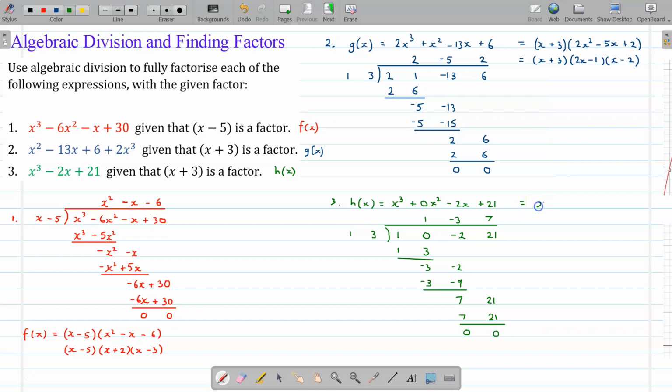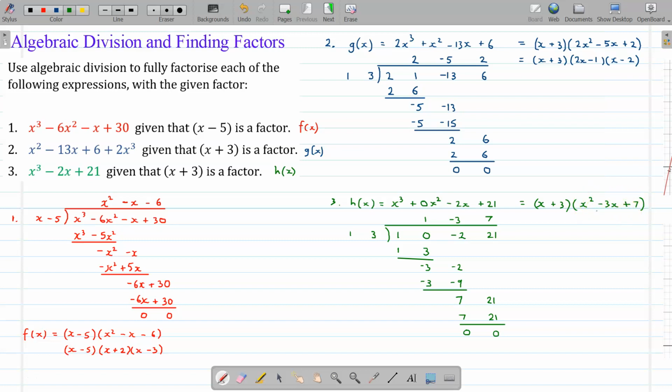So we know that h of x can now be written as x plus 3, multiplied by x squared minus 3x plus 7. Now we look at the quadratic to see if it will factorize, and in fact there are no factors of 7 that add up to negative 3, but further to that, it's not even possible to solve that quadratic at all.